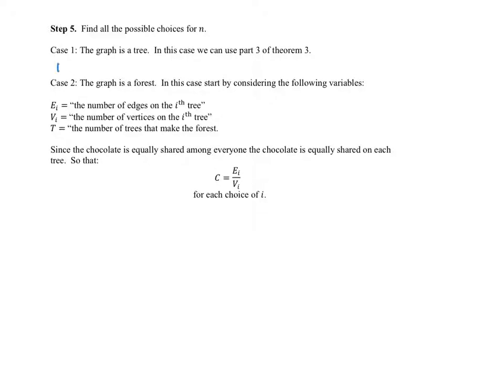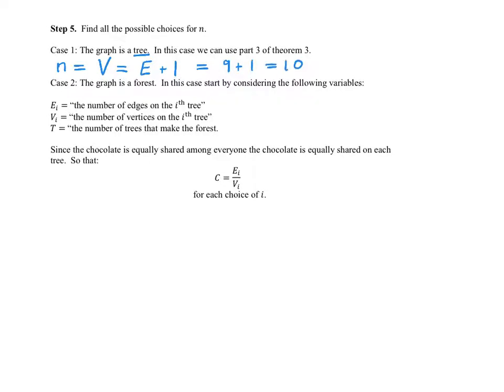So n is what we're trying to discover, and n is equal to capital V, the number of vertices, and in any tree, the tree formula is always true. So V is equal to capital E plus 1. Capital E represents the number of chocolate bars in our problem, which is 9. So we have 9 plus 1, which is 10.